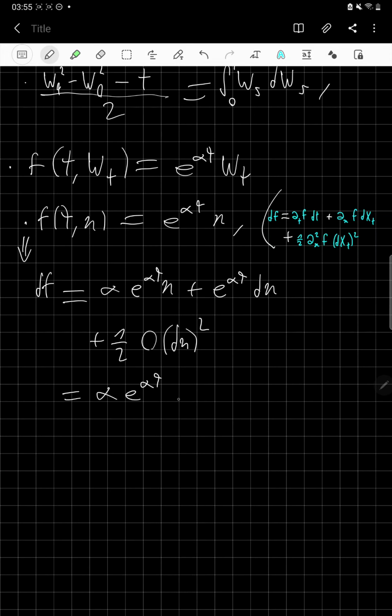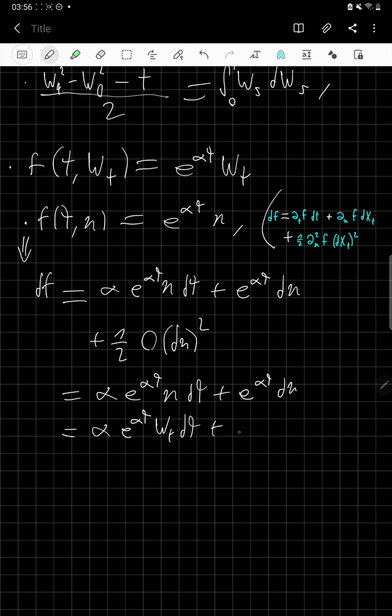So alpha e to the alpha t x dt plus e to the alpha t dx. I forgot the dt, sorry. There we go. Which is just alpha e to the alpha t, when we substitute x for Wt, dt plus e to the alpha t dWt.